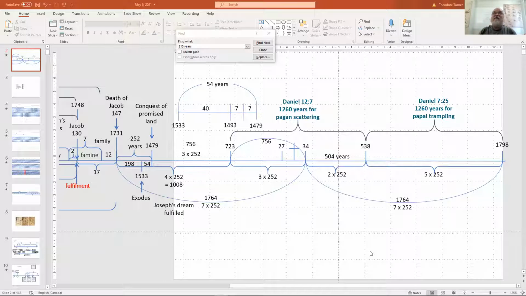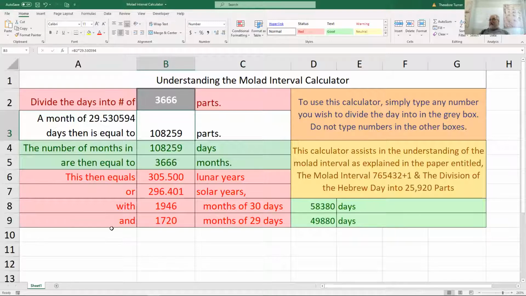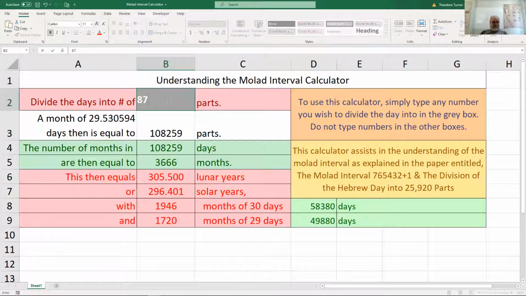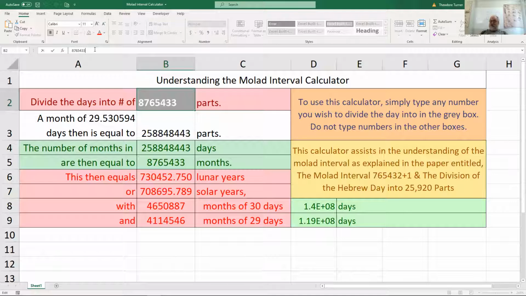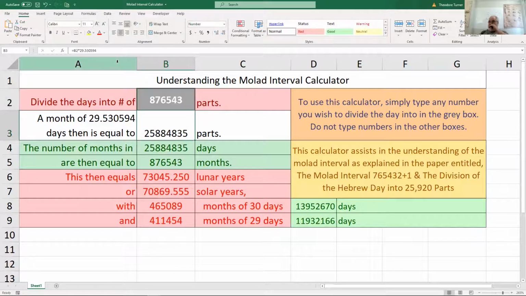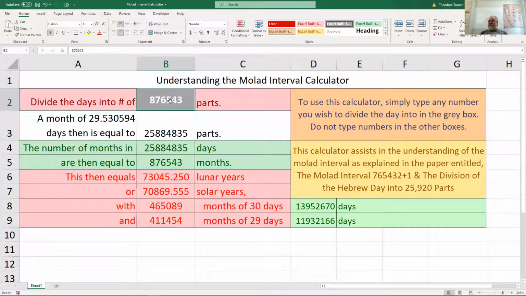Now, I'm going to go back to this Molad calculator. And I haven't worked out all of these things yet. But if I wanted to go to that many years, I would have to go to this is way too many. Okay, that's too many. Where would I go here?